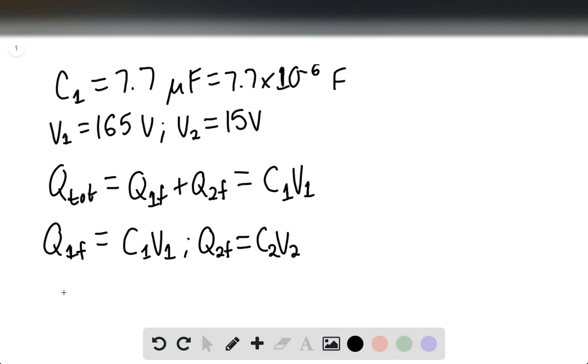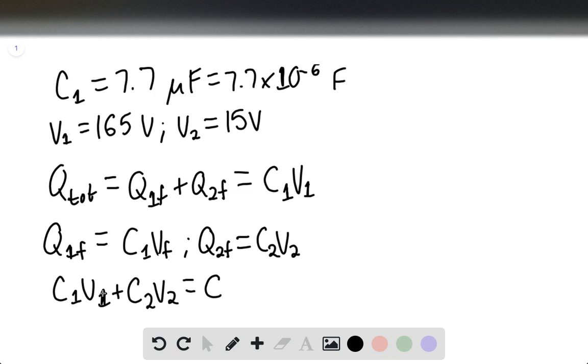So now we're getting that C sub 1 V sub 1 plus C sub 2 V sub 2 equals C sub, my apologies, this is going to be Q1 final would be C sub 1 V sub 2, and the Q2 final would be C sub 2 V sub 2.